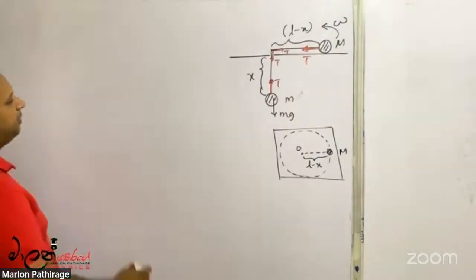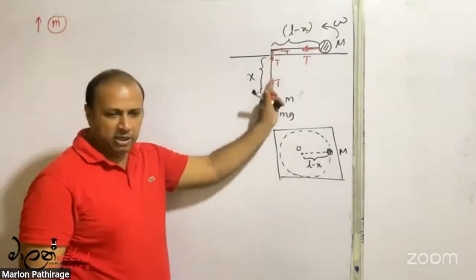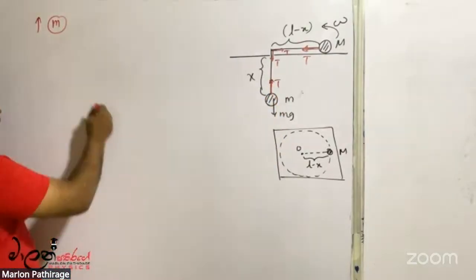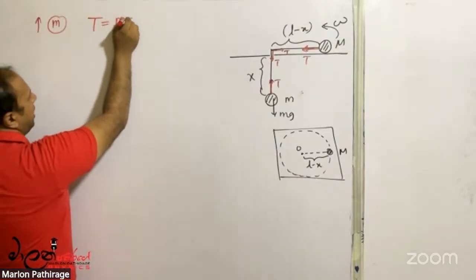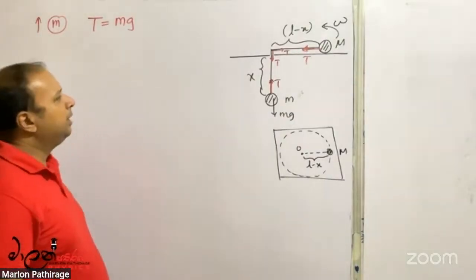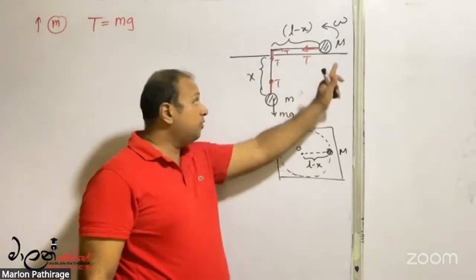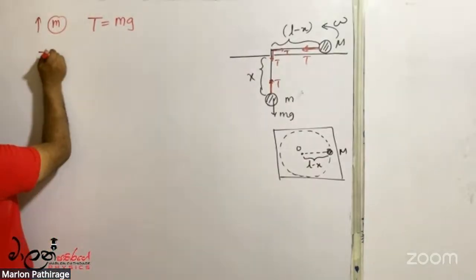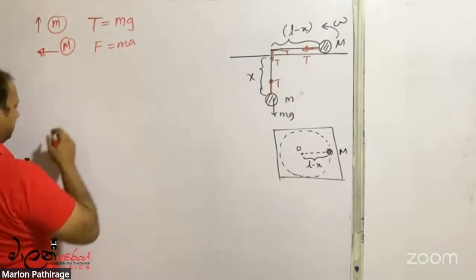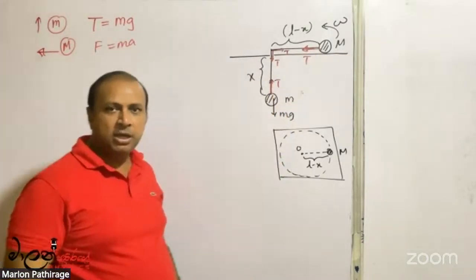So if we consider the vertical equilibrium of small m, definitely the tension force should be equal to mg. Tension force is equal to small m into g. Then if we consider the circular motion of capital M, I can apply F equal to M a in this direction to capital M. There's only one force on this side, that is T, that is the centripetal force.